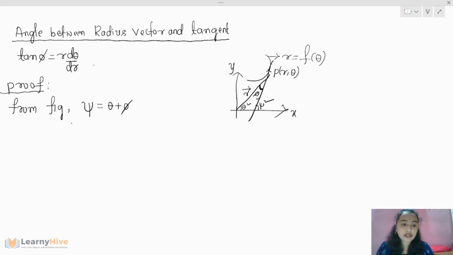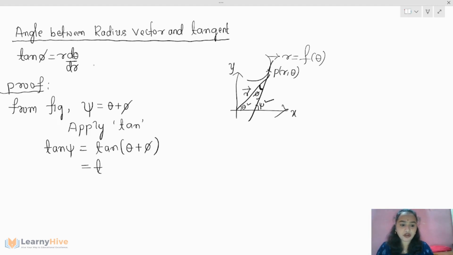Now on this, let us apply tan on both sides. So we get tan psi is equal to tan of theta plus phi. This tan of theta plus phi is in the form of tan of a plus b.